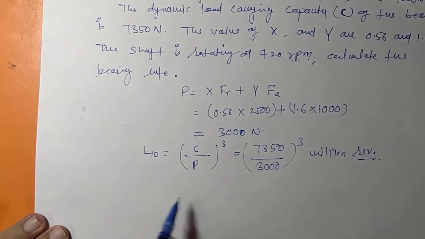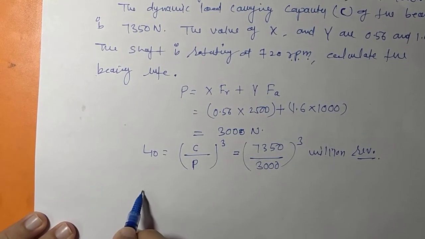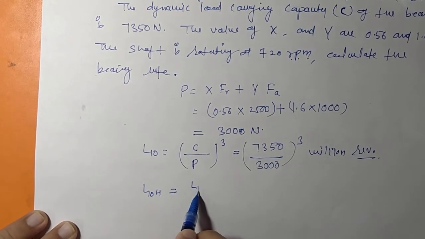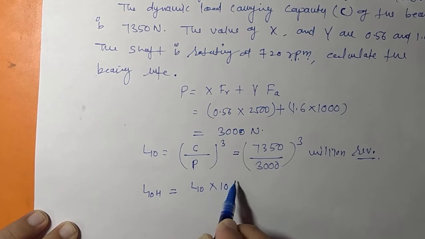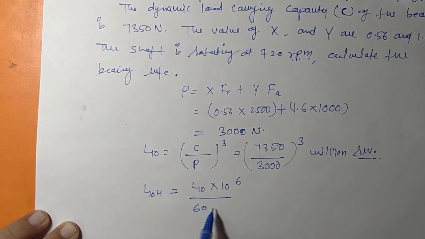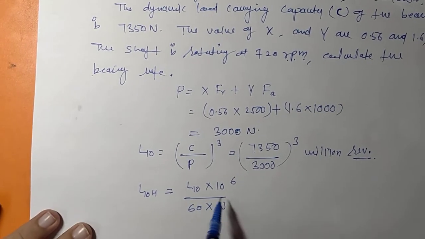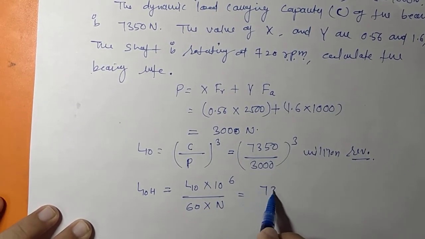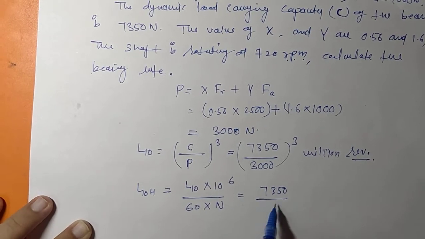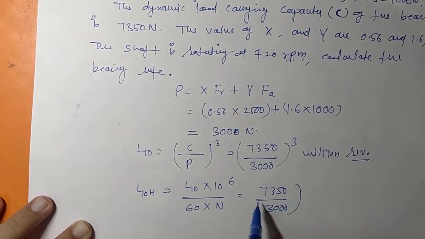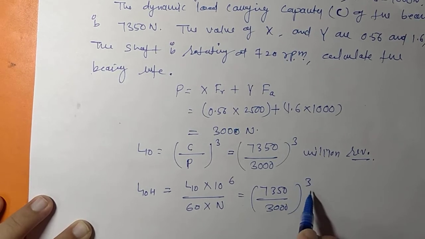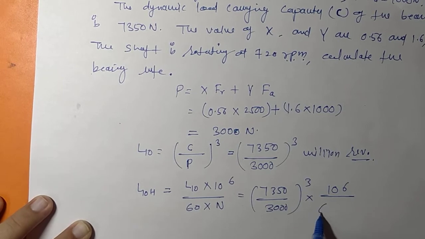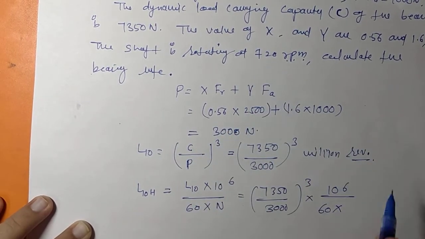So L10 life in hours is L10 multiplied by 10 raised to power 6 divided by 60 into n. L10 we calculated as 7350 divided by 3000 raised to power 3, multiplied by 10 raised to power 6, divided by 60 and n is given as 720 rpm.